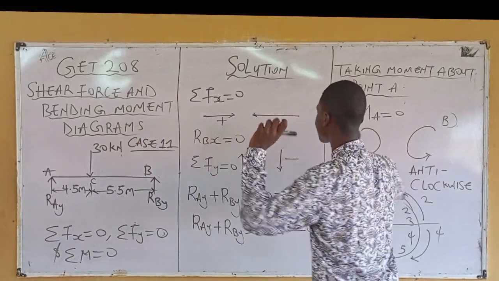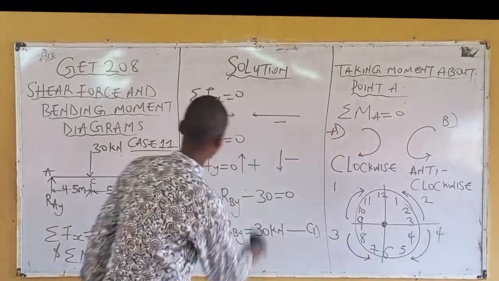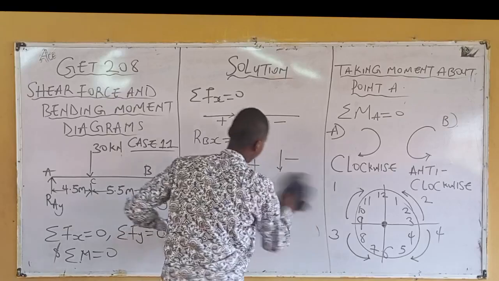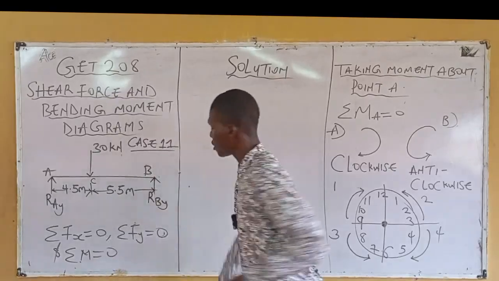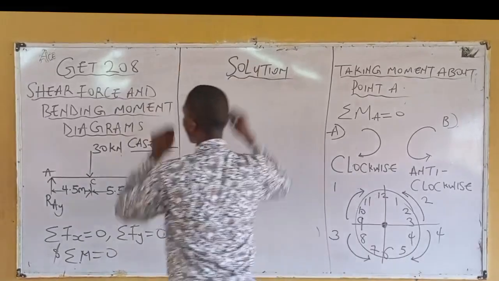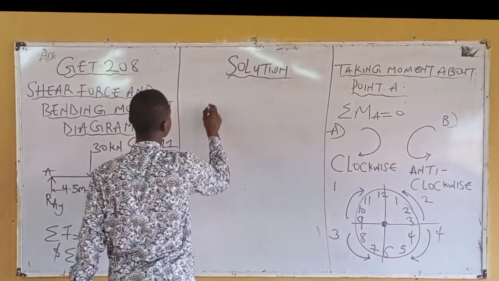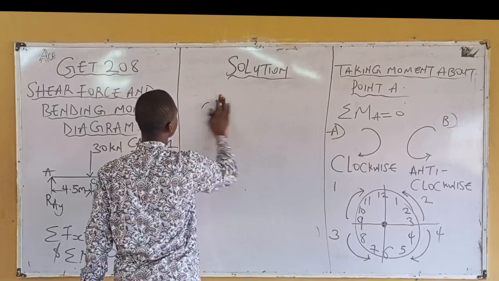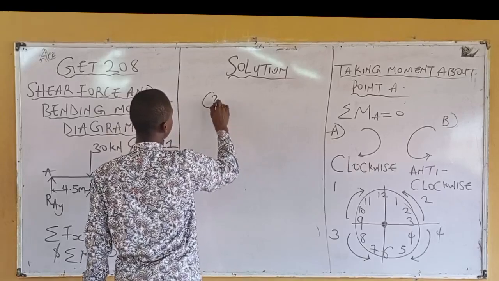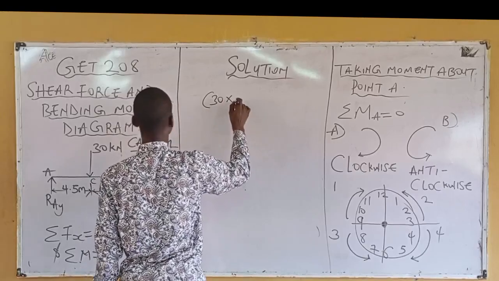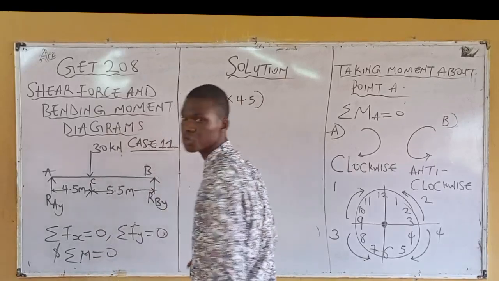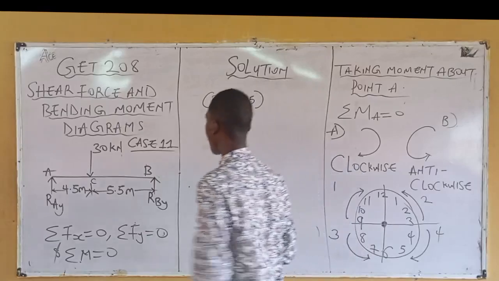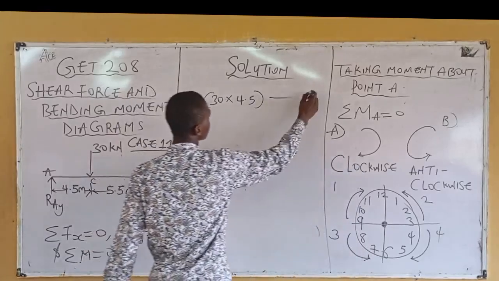Let's do it this way. From here, the first one, I'm having 30 kilonewton, right? 30 times what? 4.5. The next one is RBY. Let's keep this.